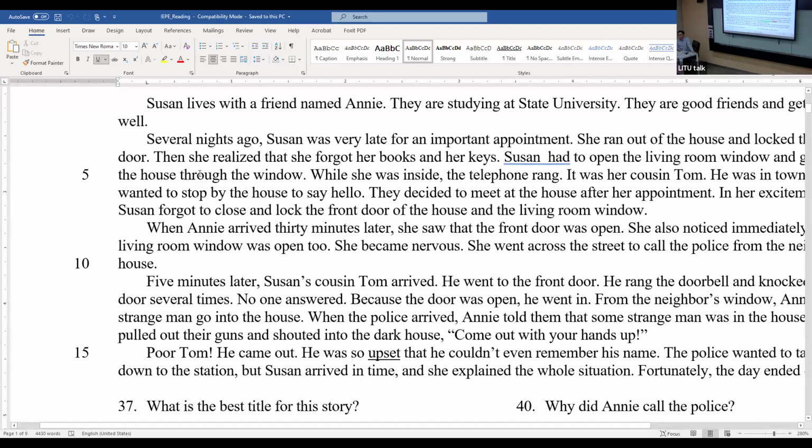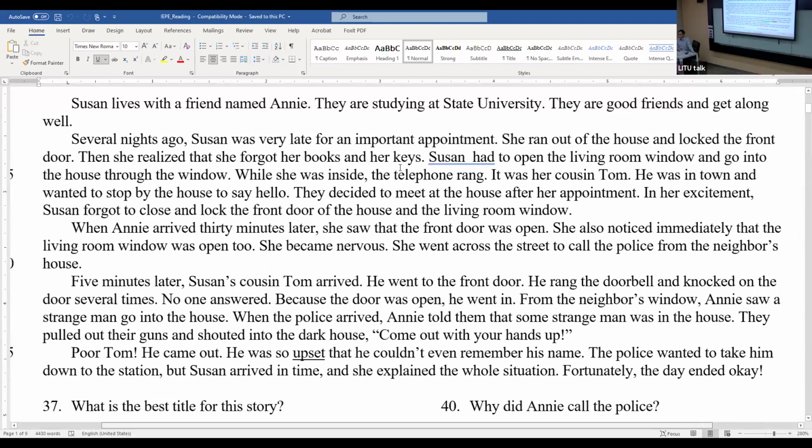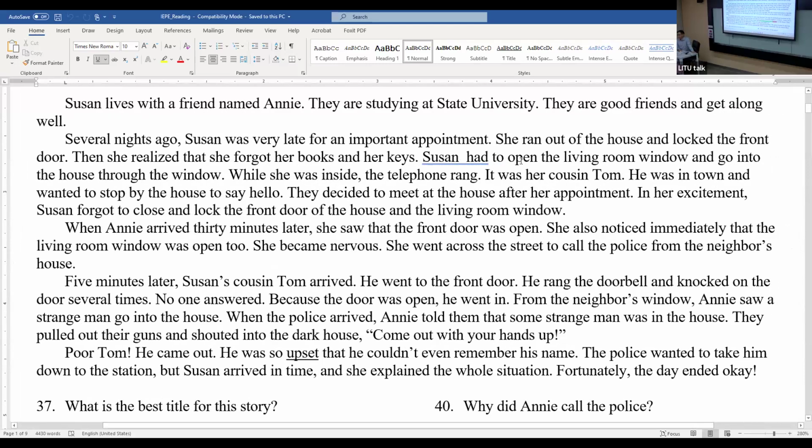Then she realized that she forgot her books and her keys. Susan had to open the living room window and go into the house through the window. While she was inside, the telephone rang. It was her cousin, Tom. He was in town and wanted to stop by the house to say hello. They decided to meet at the house after her appointment.